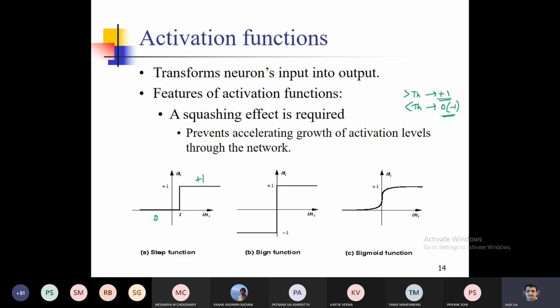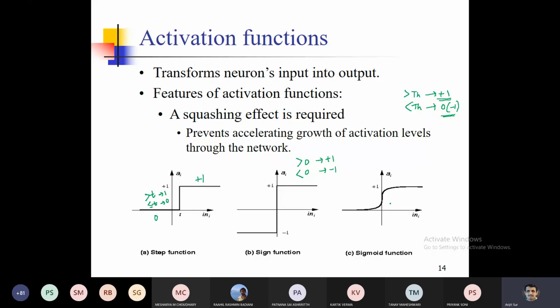So if it is greater than t, it is 1, and less than or equal to t, it is 0. It is called the step function. Now the sign function, definitely you can understand: greater than 0 it is +1, and less than 0 it is -1, and there is some sort of switching at 0. So it's not continuous.